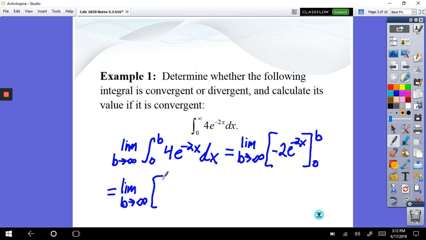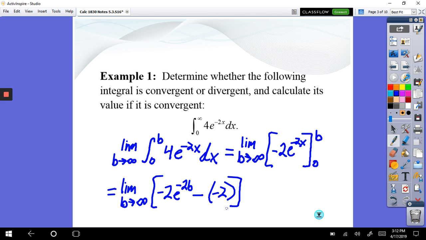Well, that gives me negative 2e to the negative 2b minus plug in 0, which, anything to the 0 power is going to be 1. So it's really 1 times negative 2. So minus a negative 2. So it's going to be plus 2 on that.